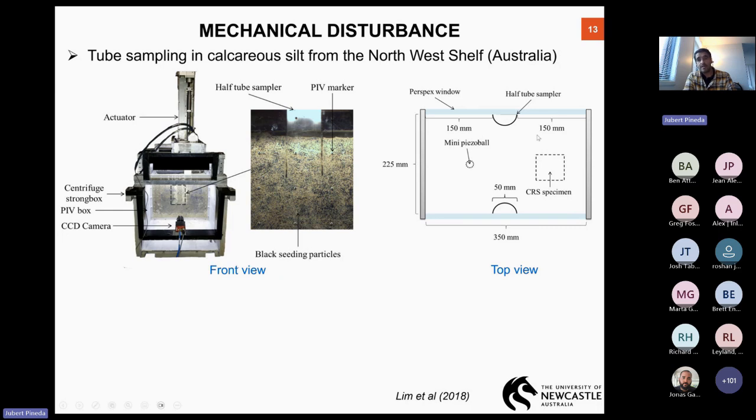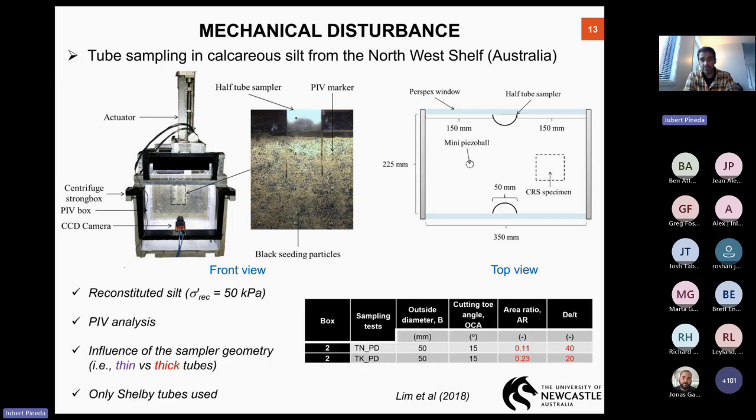What we have done is we took a Shelby U50 and split it into two halves, and we pushed one half against the wall in order to see what happens outside the tube and inside the tube, and to take photographs to see how much disturbance this operation induces. We were also able to pull it from the ground to see the influence of that.